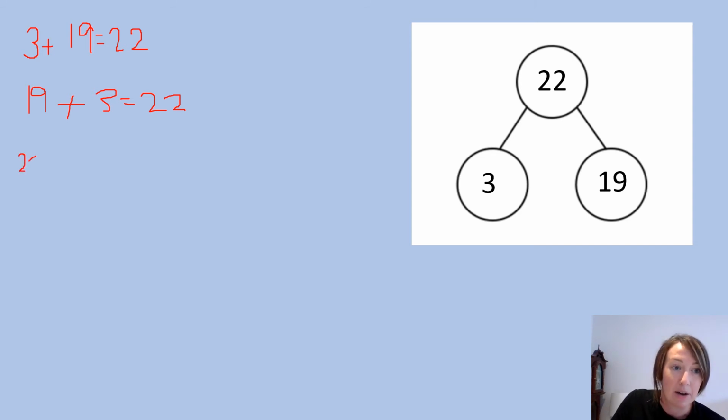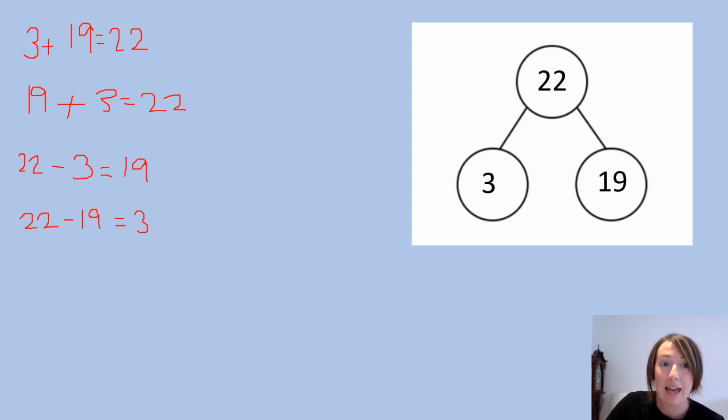So 22 take away 3 equals 19, and then 22 take away 19 equals 3. Then my other adds that start with the equals, so 22 equals 3 add, oh my goodness, I'm sorry guys, 19, and 22 equals 19 add 3.